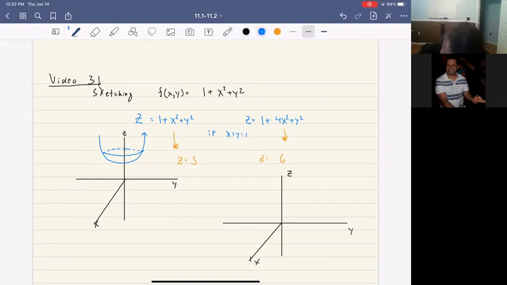Again, it's going to look, let's say, like so. But now in the x coordinate, it's going to go up sharply much faster. Instead of going up to 3 at that point, 1, 1, 1, it's going to go up to 6. So it's not exactly symmetric.